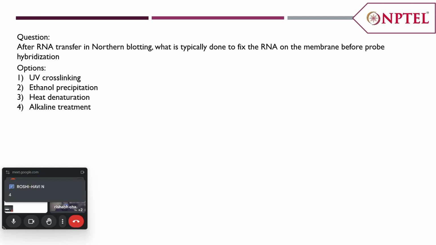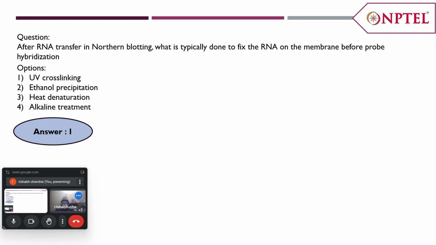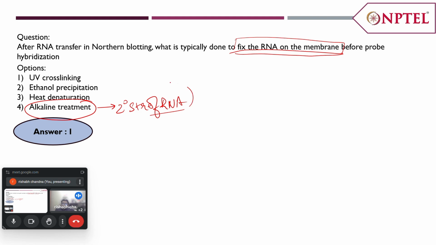So the correct answer is option number one, because we have to fix the RNA on the membrane. Alkaline treatment is generally done to remove secondary structure, generally in the reducing PAGE or reducing agarose gel electrophoresis.